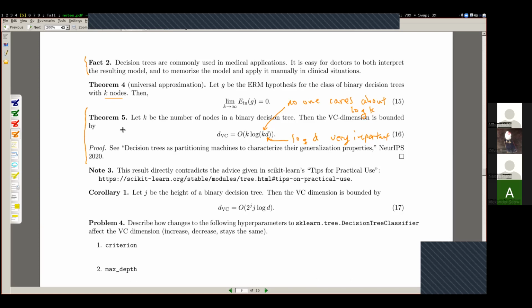But for the decision tree hypothesis class, it's still a very, very small VC dimension. So this is particularly good. Decision trees, DT, good VC dimension when D is large. Are there any questions about that?